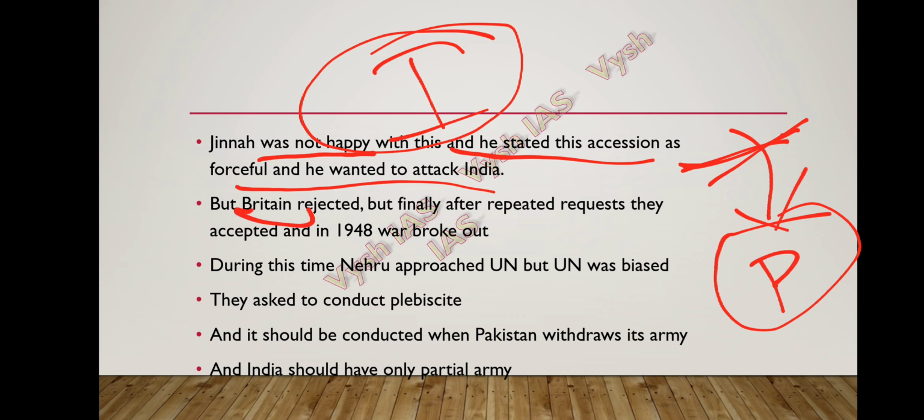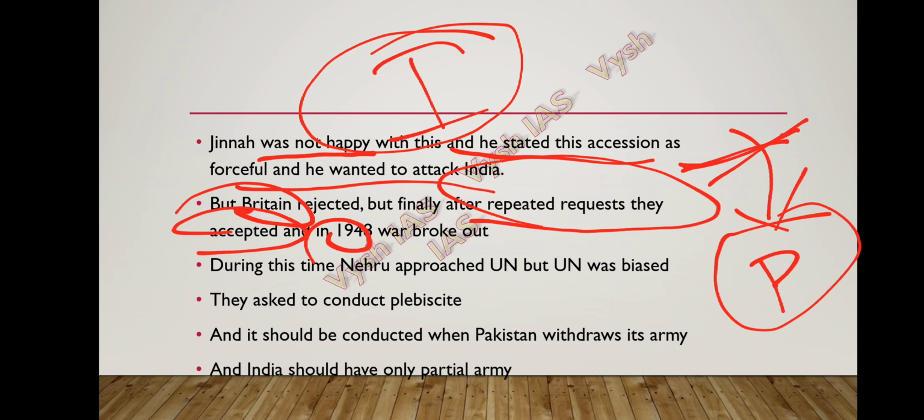But he needed permission from Britain. Britain rejected. But he repeated this request regularly, because of which they accepted his request in the year 1948, and the 1948 war broke out between Pakistan and India.